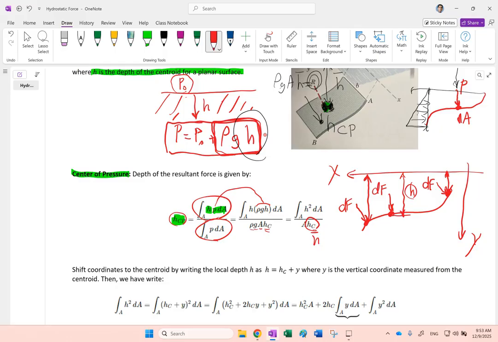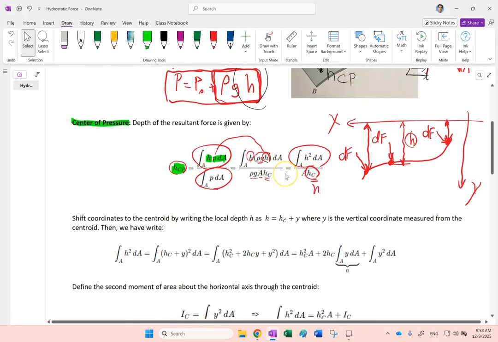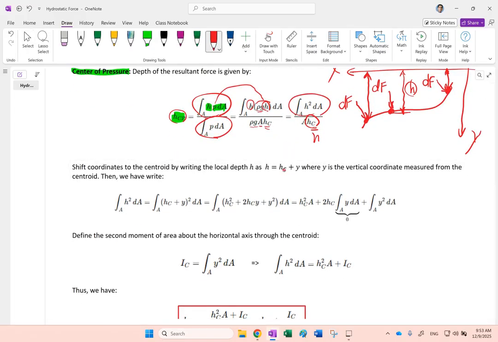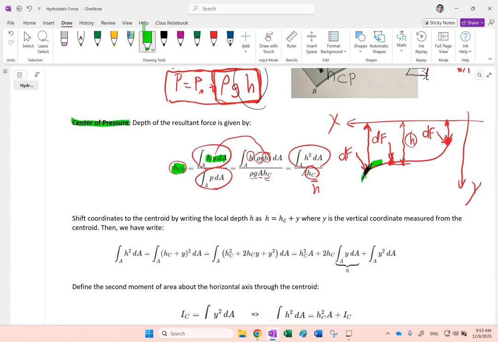But for the top one, the rho g comes out, but here you have h squared, so it's going to be the integral of h squared. And you know, the integral of h squared dA is the second moment of area.